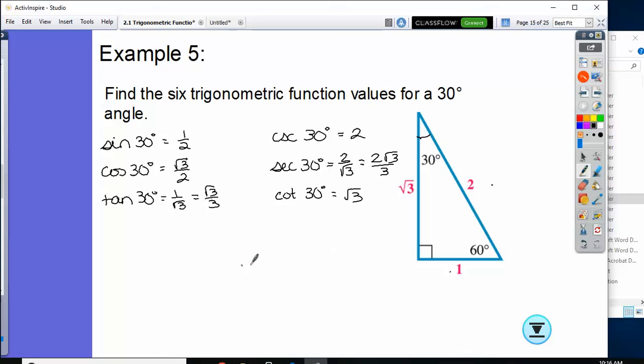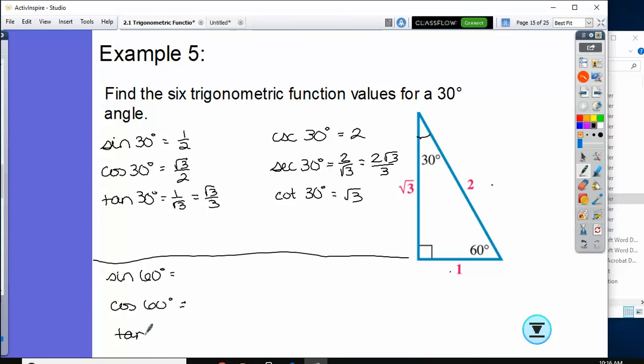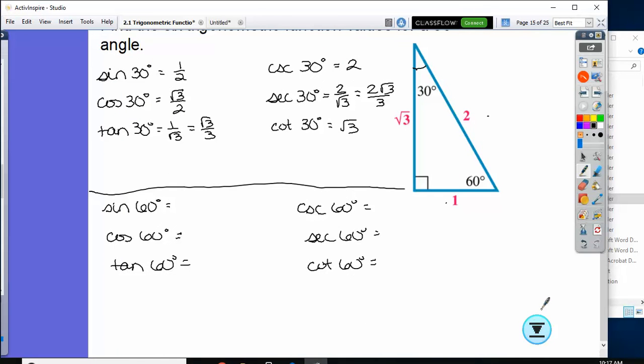The second angle we will use a lot of is the 60. So let's go ahead and just write down the 6 functions for 60. So that changes my viewpoint.